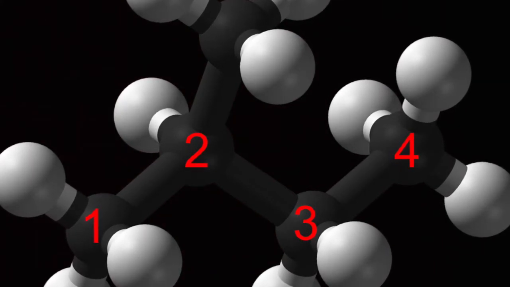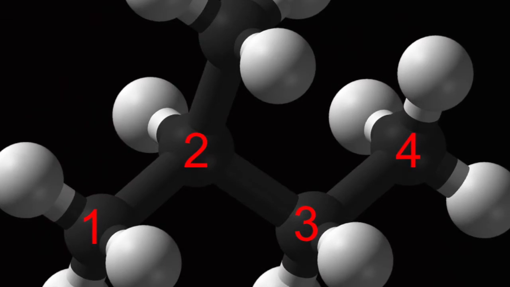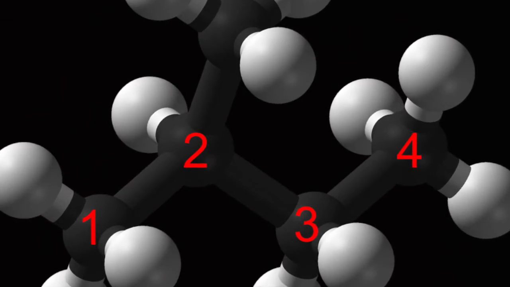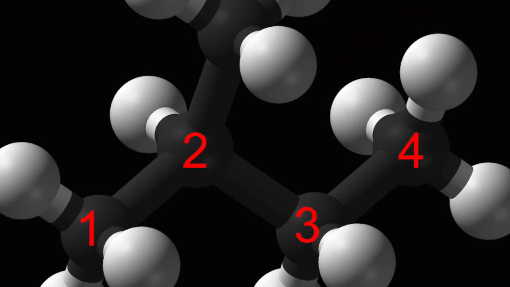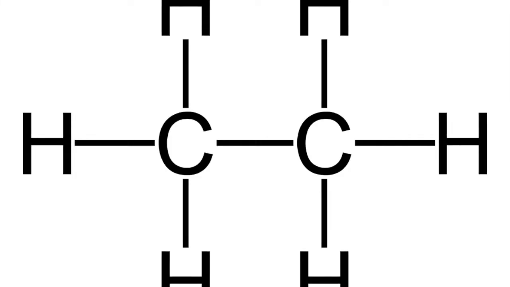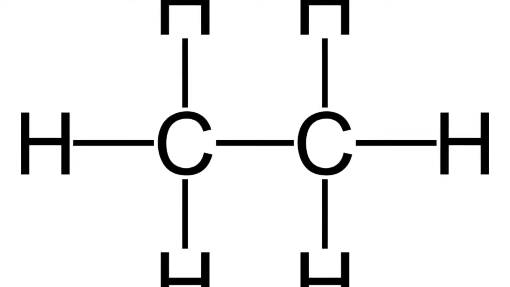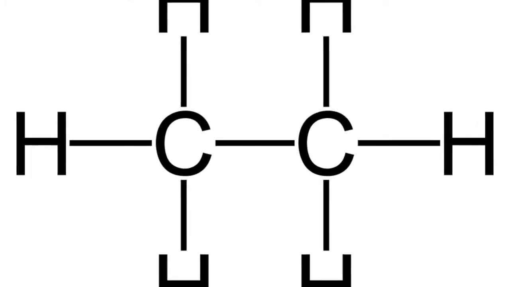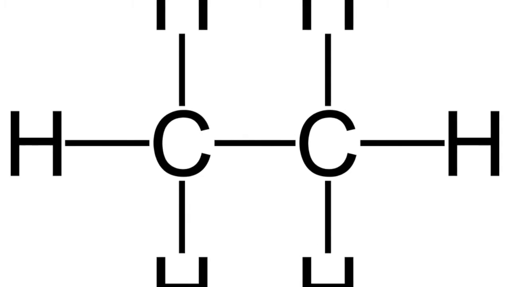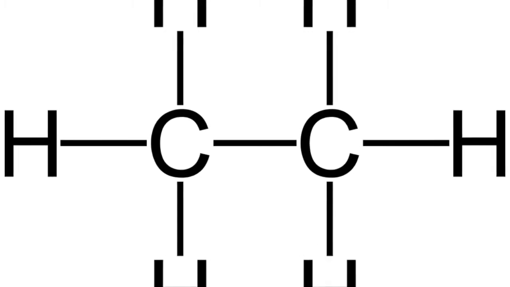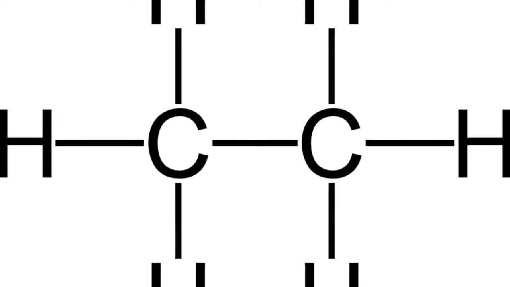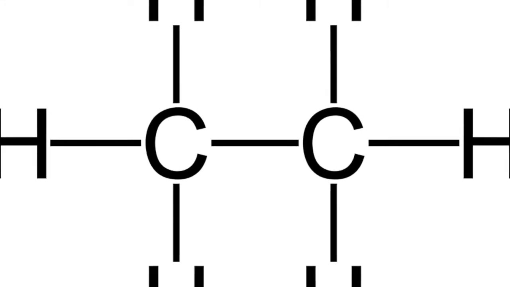Cycloalkanes consist of hydrogen and carbon atoms bonded together with single bonds, where the carbon atoms bond together to form a ring or a loop. Alkanes are chemical compounds that consist of carbon and hydrogen atoms, so they are also called hydrocarbons. The chemical structure of alkanes only consists of single bonds.